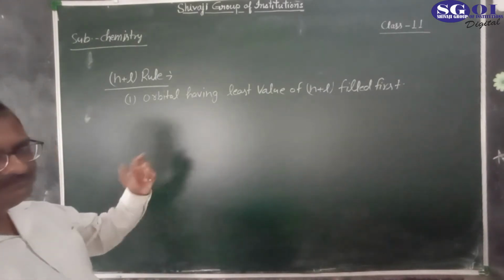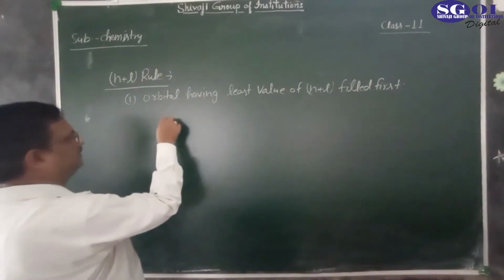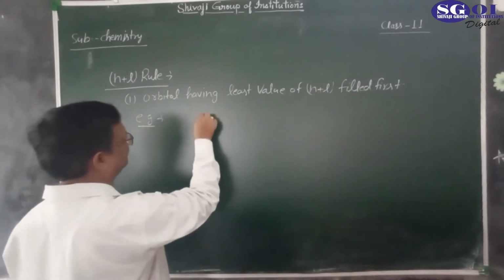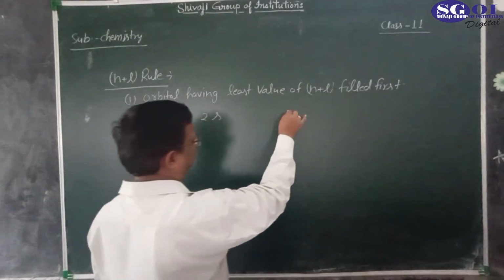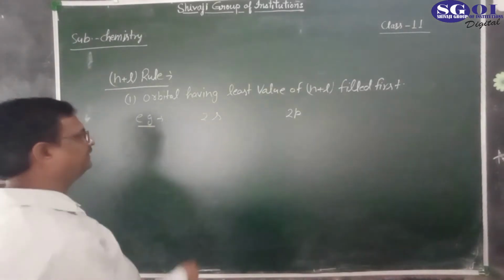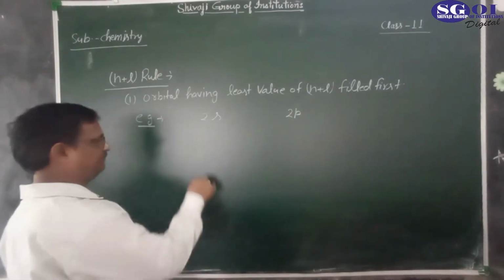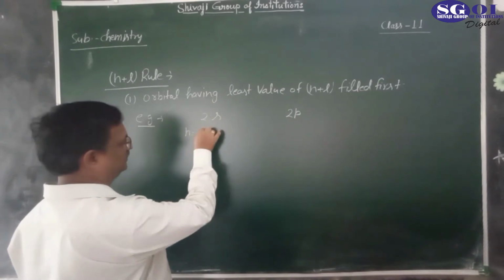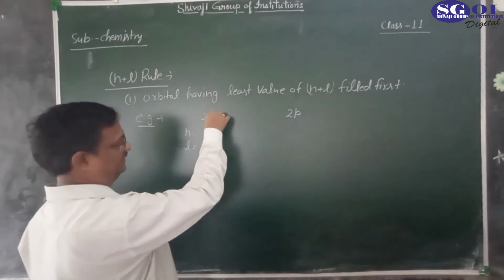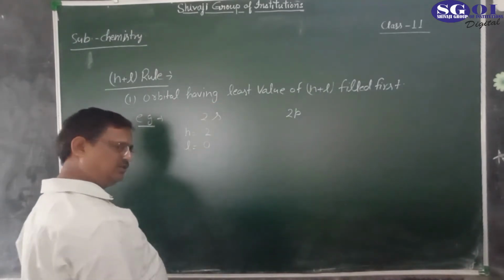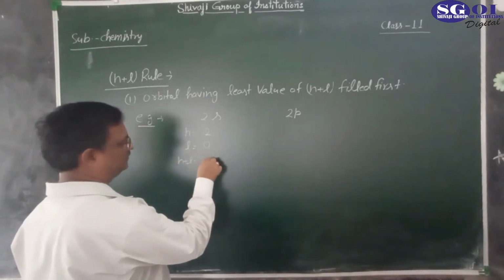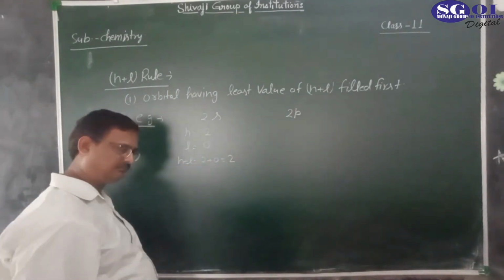So here we decide. Example: 2s and 2p. For 2s, n is 2. The electron enters the s subshell, so the value of l is 0 and n plus l is 2 plus 0 equal to 2.